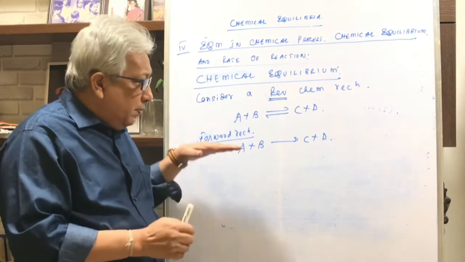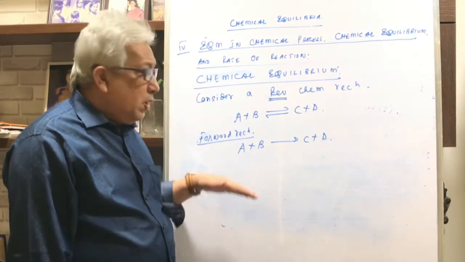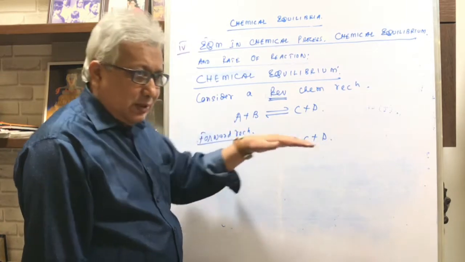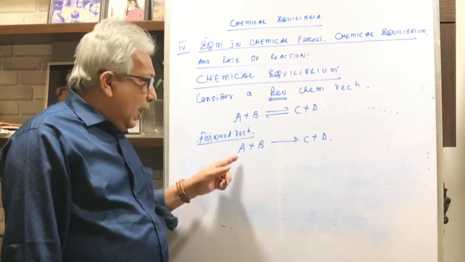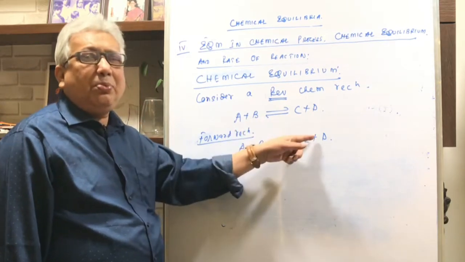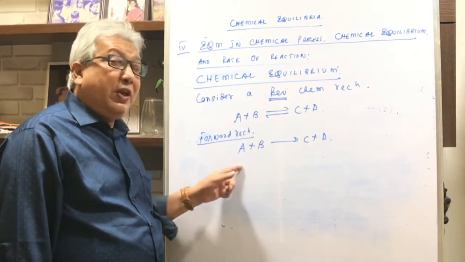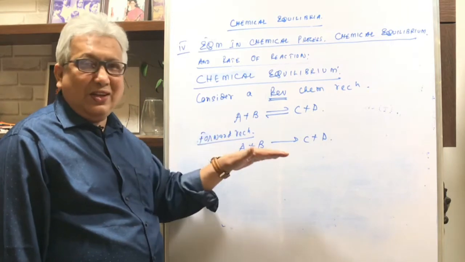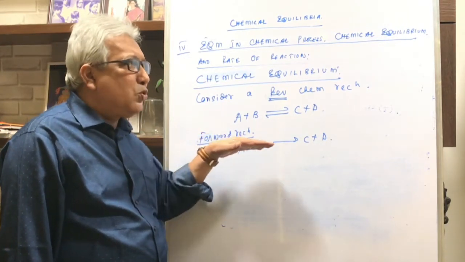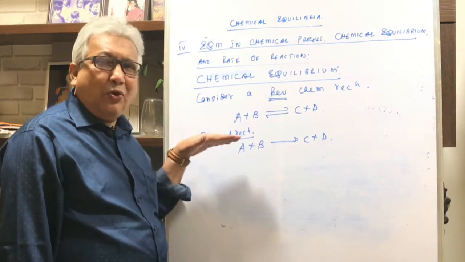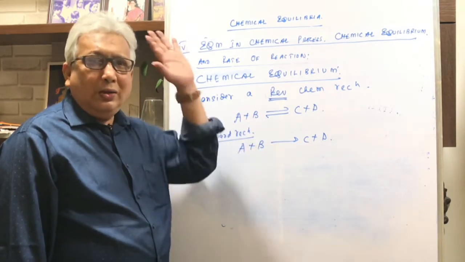Therefore initially the rate of reaction is very high, but as time progresses, the reactants are giving me products, and as A and B react to give me the products, the concentration of A and B will go on decreasing. And as the concentration of A and B goes on decreasing, the rate of forward reaction also will go on decreasing.